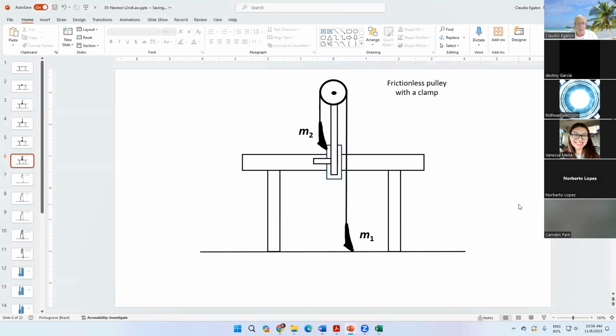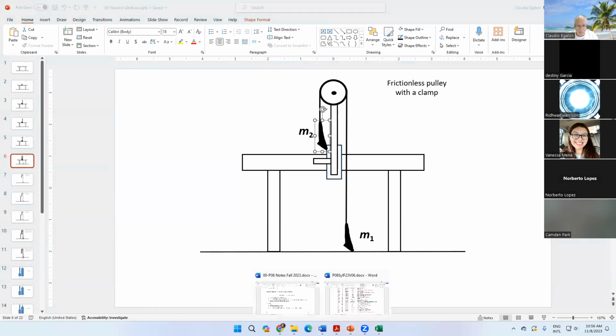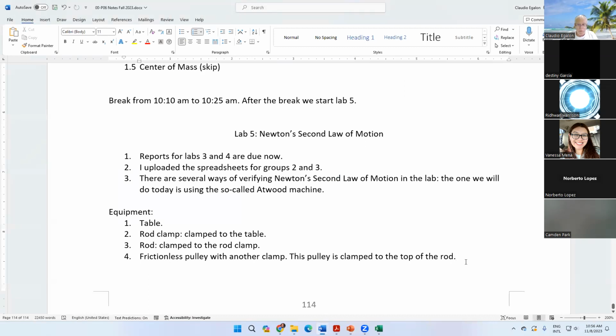Two mass hangers attached by string. Pass the string through the pulley.